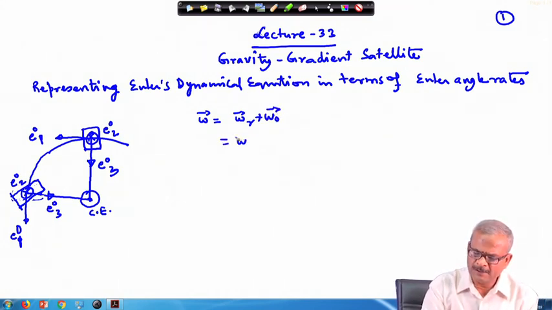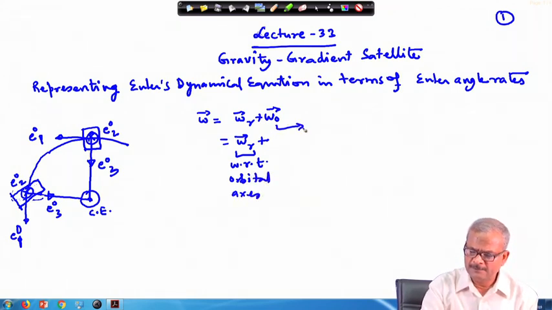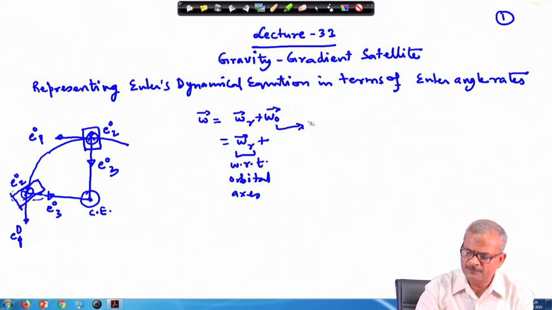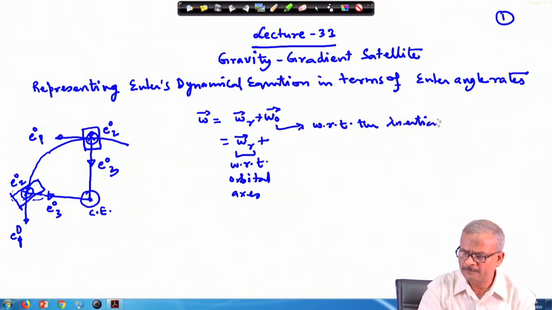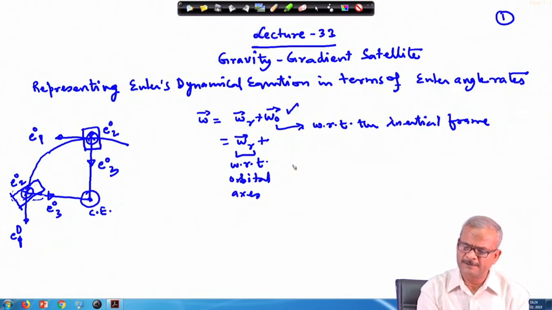Omega r is with respect to the orbital axis, and omega 0 is with respect to the inertial frame.